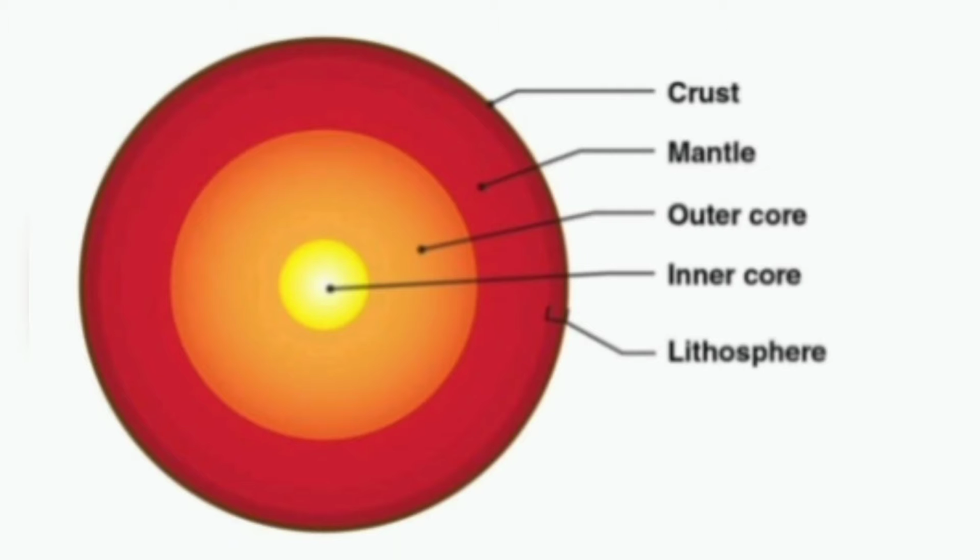Here we can see a picture where the four layers are. The first one is the crust, after is the lithosphere, then is the mantle, and finally we have the core, the outer core and the inner core.